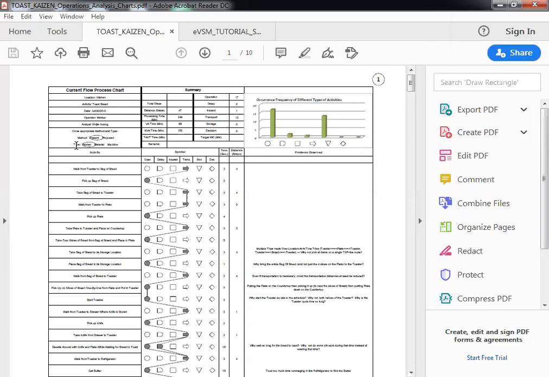This is your basic chart. So again, first column is the activity. The second set of columns are the different activity elements: operation, delay, inspect, transportation, waiting, decision, right? So every step, every row in the spreadsheet is a step, and each step is qualified to be either operation, delay, inspection, transport, inventory, decision.